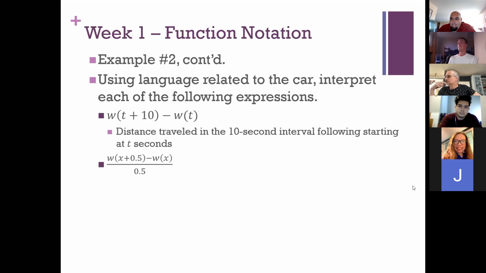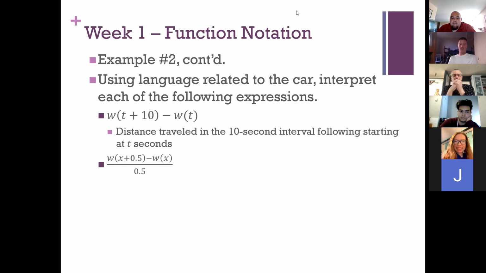The top half of the ratio was distance and the bottom half was time. So it was measuring the difference in distance over the difference in time. Okay, that's good. And one thing I want to highlight, to make it a little more specific: in the numerator, how long is that interval?